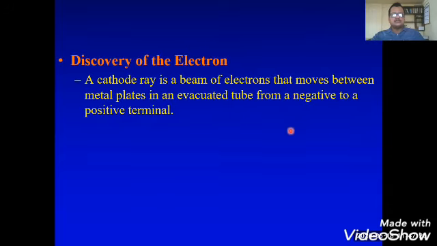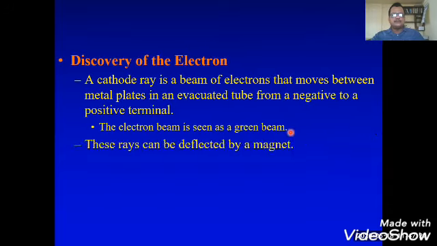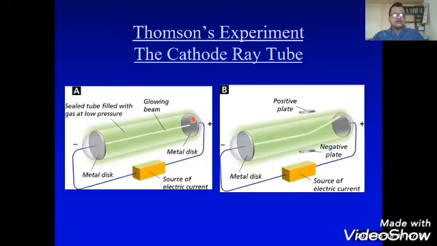Let me show you another slide. This is the cathode ray experiment. So this is a glass tube which is around 60 centimeters in length, and it has two metal electrodes at both ends. These two metal electrodes are connected to a very high potential difference of around 10 to the power of 4 volt.